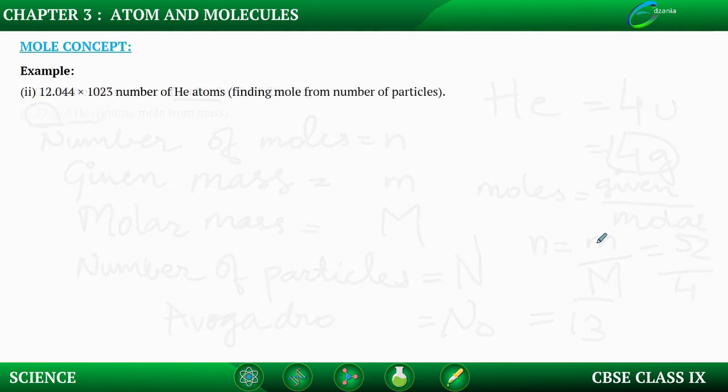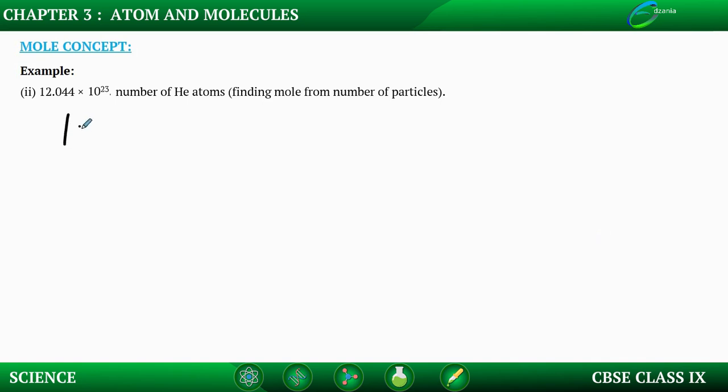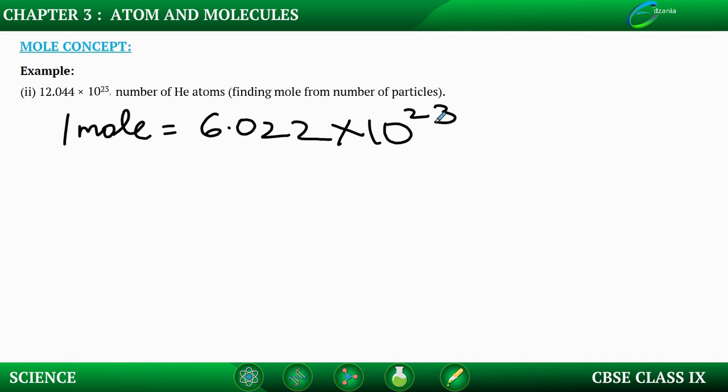The next question: 12.044 into 10 raised to 23 helium atoms. We need to find the number of moles in it. We already know via Avogadro that 1 mole equals 6.022 into 10 raised to 23. The formula is number of moles equals given number of particles upon Avogadro's number. So small n is equal to the given number of particles, capital N, upon Avogadro's number, N0.